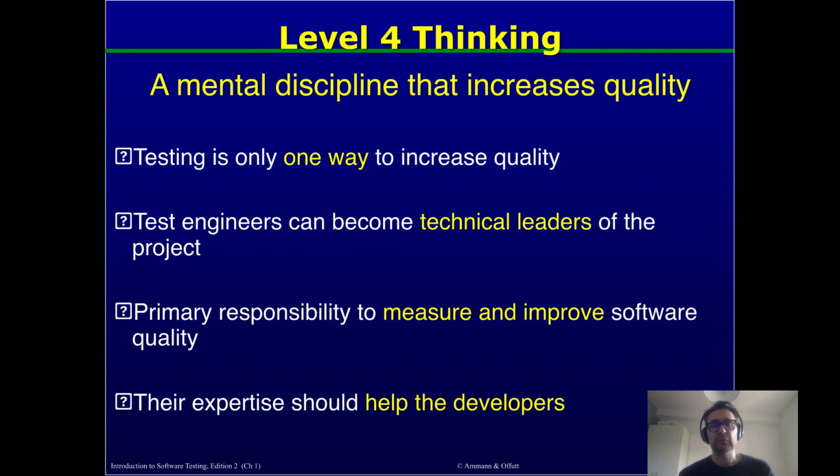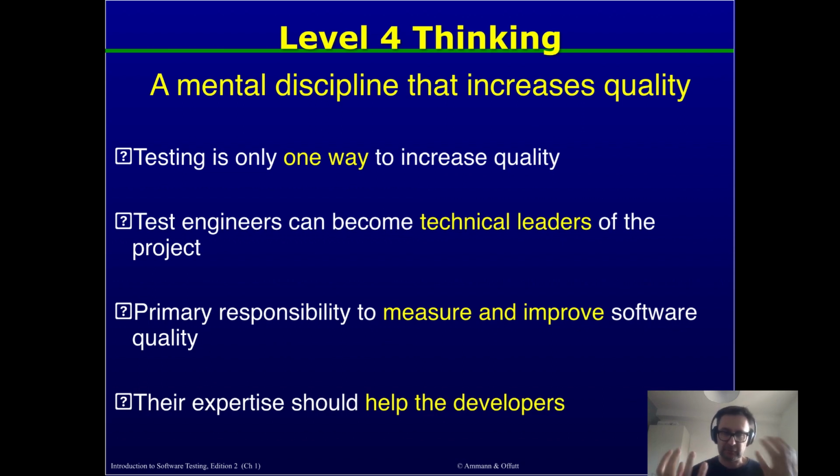So we want to use other techniques in our toolbox to also help reduce the risk and increase the total quality throughout the development of software. In organizations at this mature level 4, test engineers can become technical leaders of the project as a whole even, and the primary responsibility is to measure and improve quality.